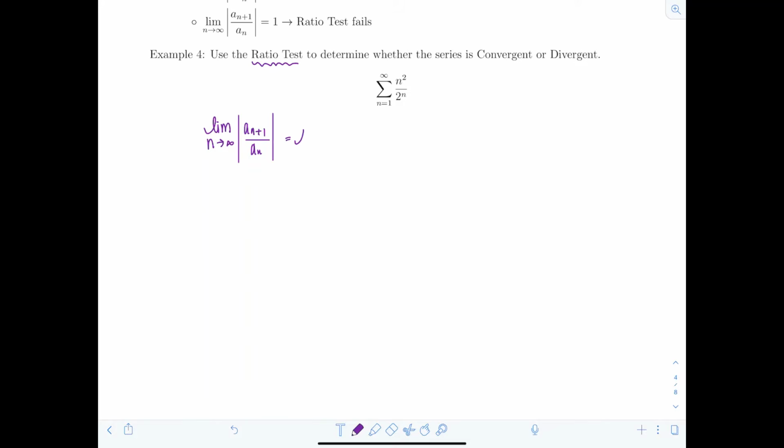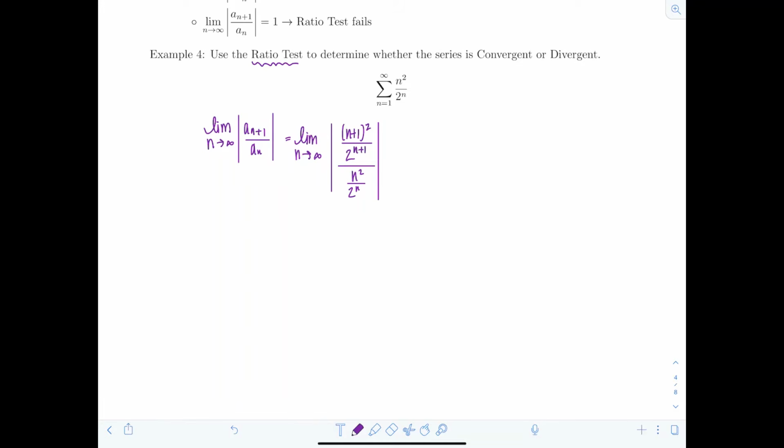So this is equal to the limit as n approaches infinity of the absolute value of, a sub n plus 1 is n plus 1 squared over 2 to the n plus 1, over a sub n, which is just n squared over 2 to the n.